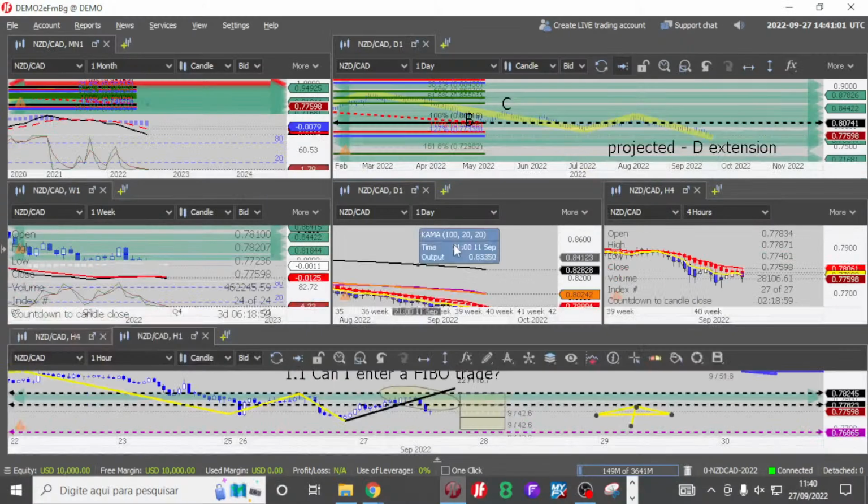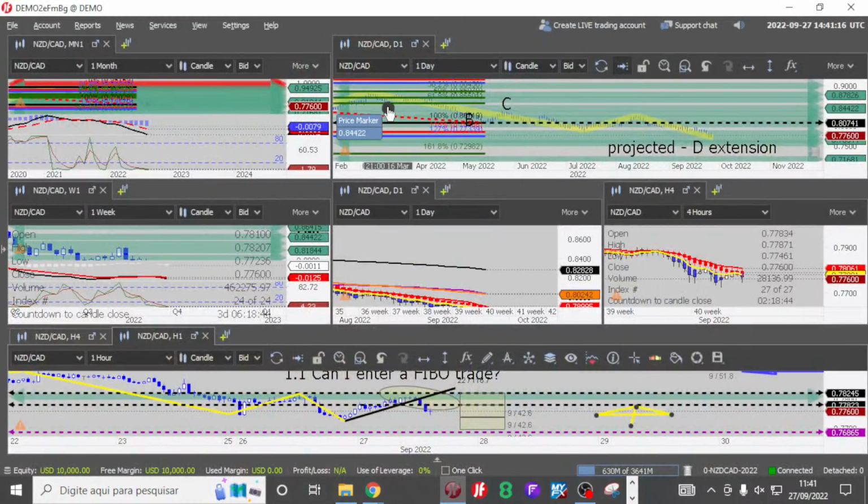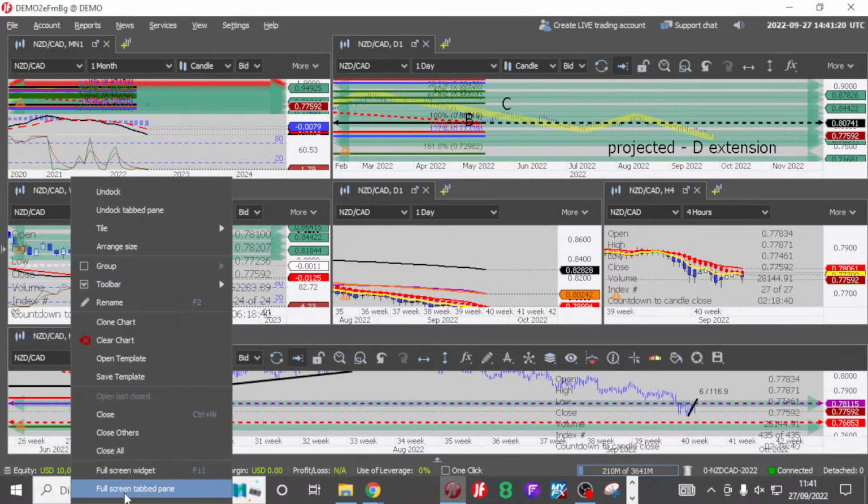Tomorrow, everybody, we're going to have 5 days of trading. For tomorrow, prepare yourself, build an understanding, and try to make an educated prediction. So today, Ala predicted that for this week, NZD CAD is short.